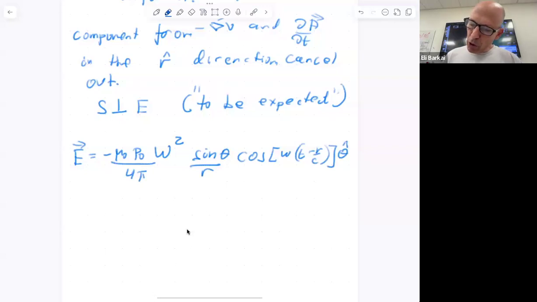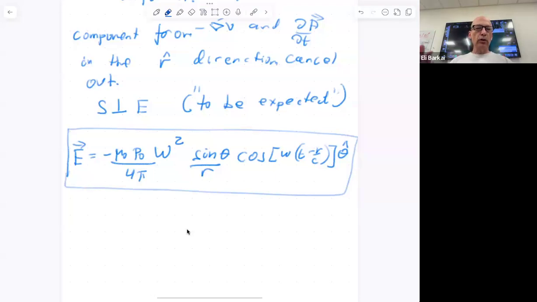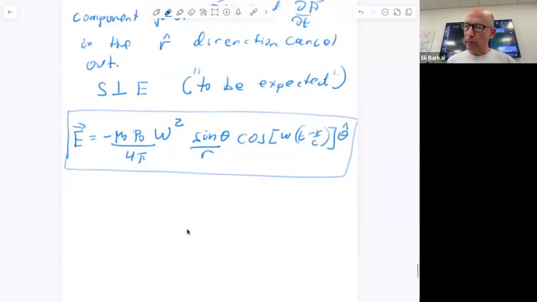I think you all know what I mean by theta direction in spherical coordinates. If not, go to chapter 1 in Griffiths. It's of course orthogonal to r, the small vector r, and of course also to the phi, but phi is not relevant in this problem.